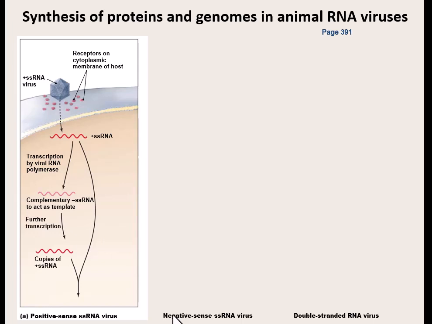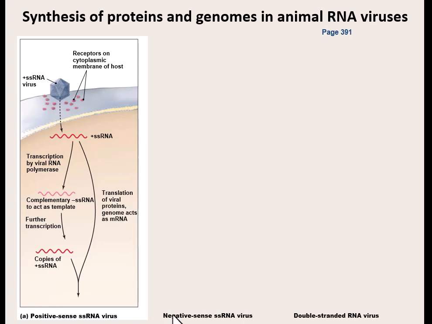But the other thing our cells still have to make, other than genetic material, is proteins. What organelle makes proteins? The ribosomes. Ribosomes can recognize the positive sense single-stranded RNA, and it will go straight into translation and start churning out proteins.